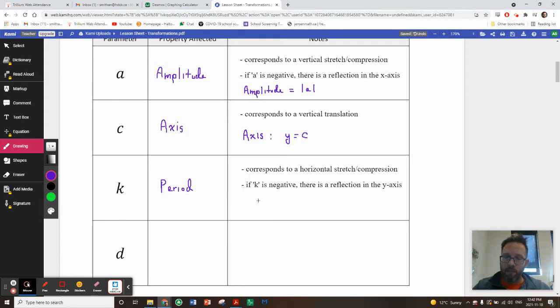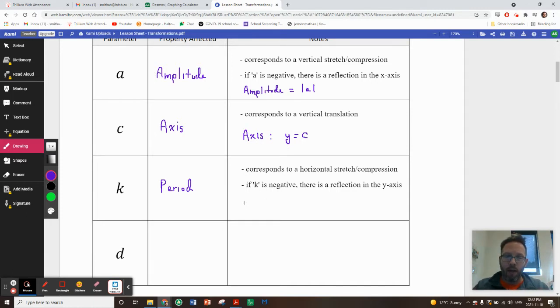The period, you did develop this in your grade 11 course, but let's say that k was 2. We know from earlier that when that value is 1 or above, we get a compression, and it compresses by a factor of 1 over the k value.